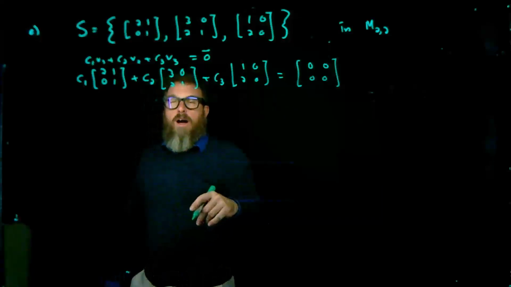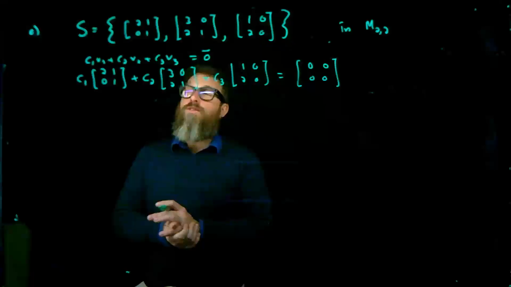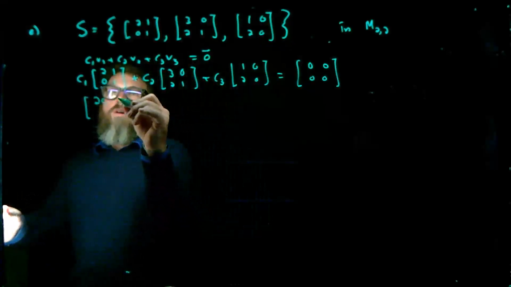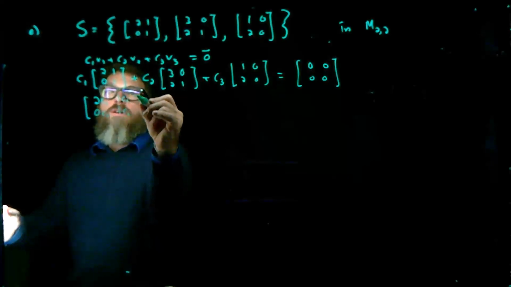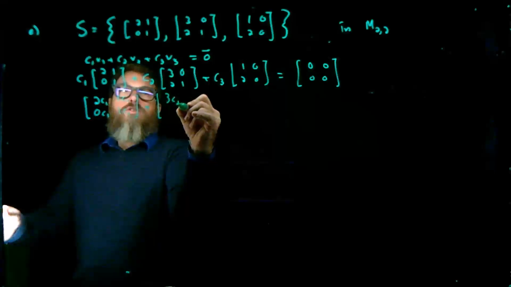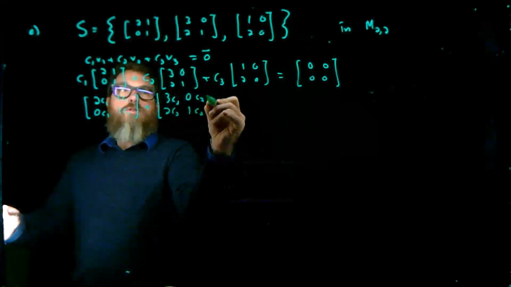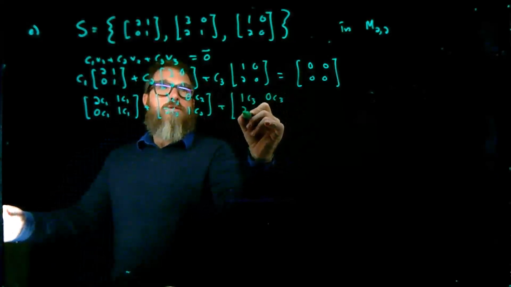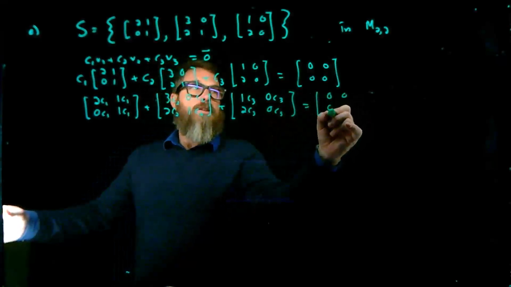Okay. And I'm going to show you algebraically that it really turns into something very similar to R4. So distributing the scalars: 2C1, 1C1, 0C1, 1C1, plus 3C2, 0C2, 2C2, 1C2, plus 1C3, 0C3, 2C3, 0C3 is equal to this 0 vector.